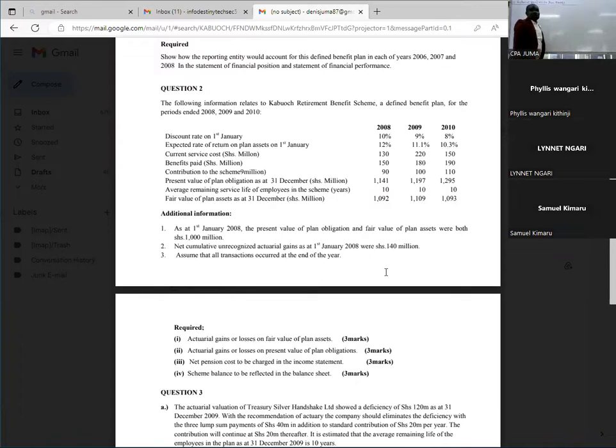So 2008, 2009, 2010. Shillings are in what? We don't know. There are millions somewhere, yes? Yes, it was like that. This is a serious company.